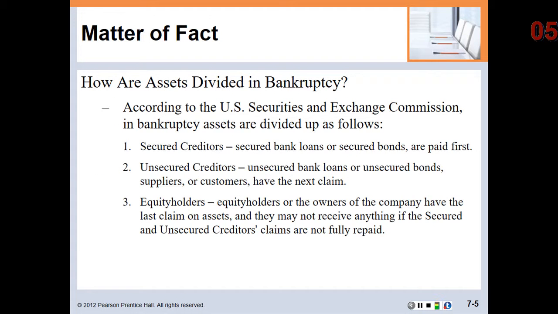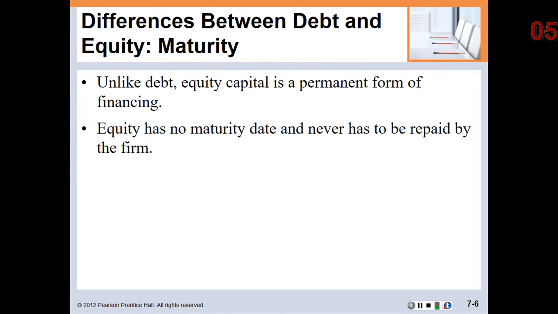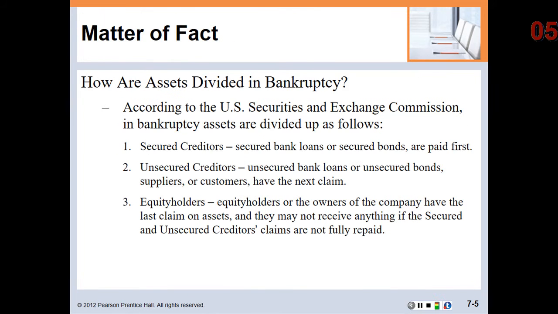All right, now this is talking about bankruptcy, and we're going to talk about that a little bit more later. But basically what it's saying is, if a company files for bankruptcy, stockholders are going to be at the very, very bottom of the list of people who are paid. And what that means is they're going to receive nothing if a company goes bankrupt.